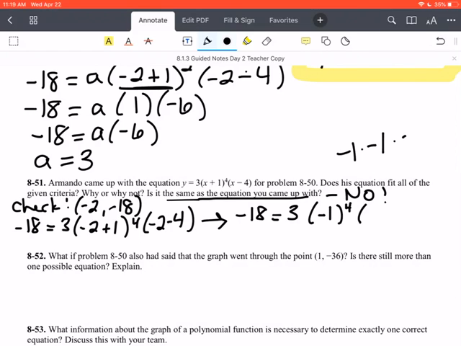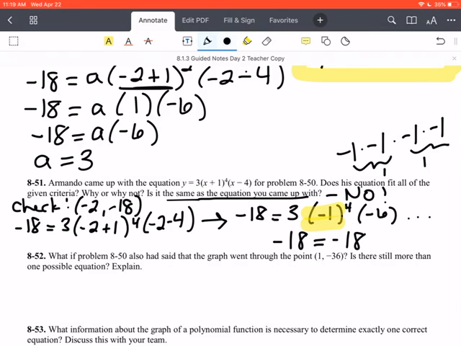It's 1, but then what if I take times -1 times -1? It still is going to be 1. Okay, so this seems like it might lead us to some false impressions about finding the one and only one equation. If I finish this all the way through, I would get, yes, -18 equals -18.